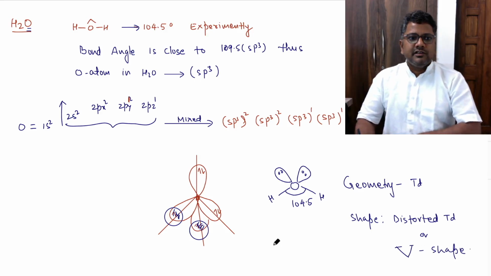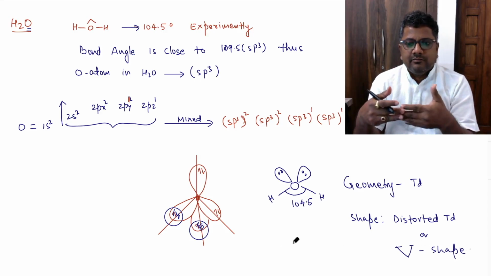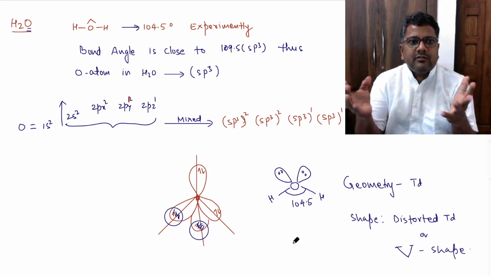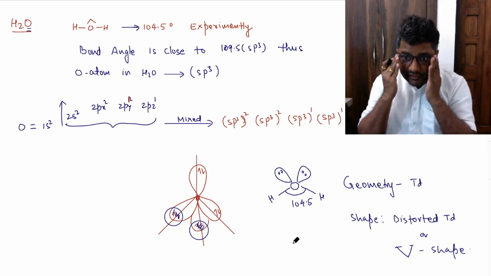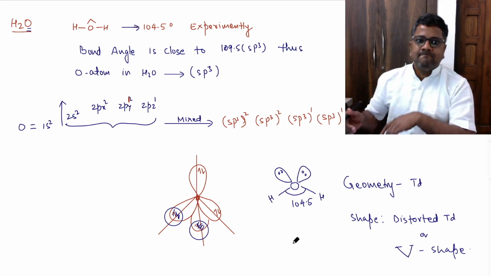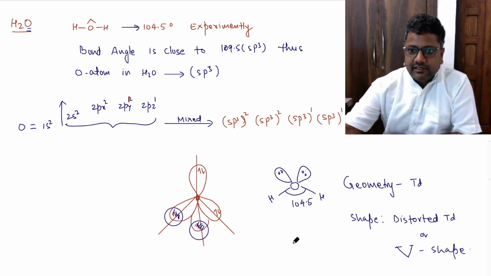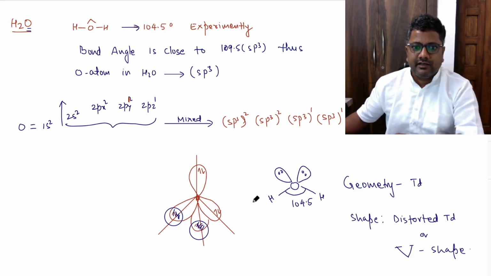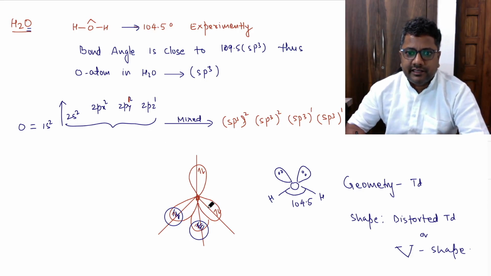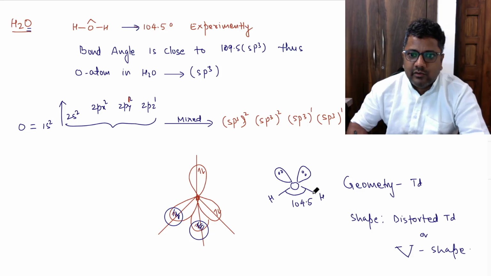Right? So once the lone pair comes at the central atom, geometry is not regular, it will adopt a new shape, right? And in that case, geometry and shape are not the same, right? So this is the formation of the water molecule. 2 sigma bonds are there, sp3 and s overlapping is there.